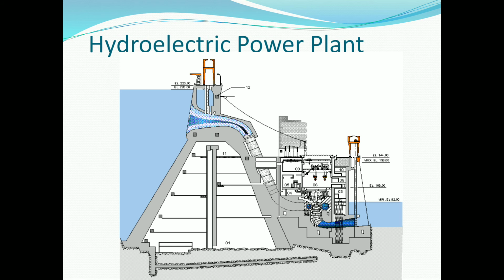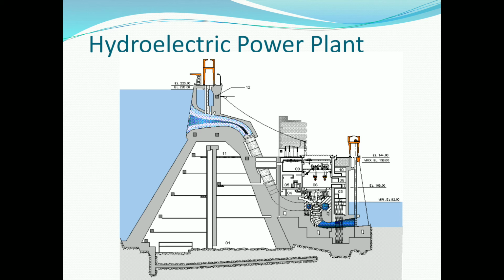And now we are going to the hydroelectric power plant. Basically, in the hydroelectric power plant, the water head is maintained using the dam, and at a specific height the water falls down towards the turbine.